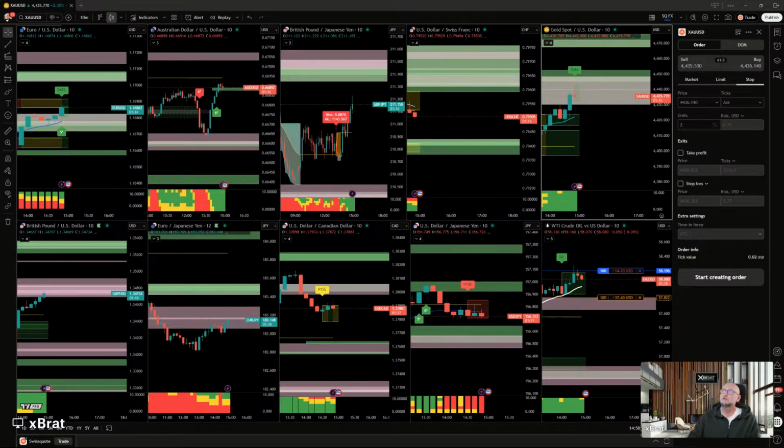I'm going to go 2549.6. The stop's going to be quite tight at 2537.6 because we're overlapping the zone right now.